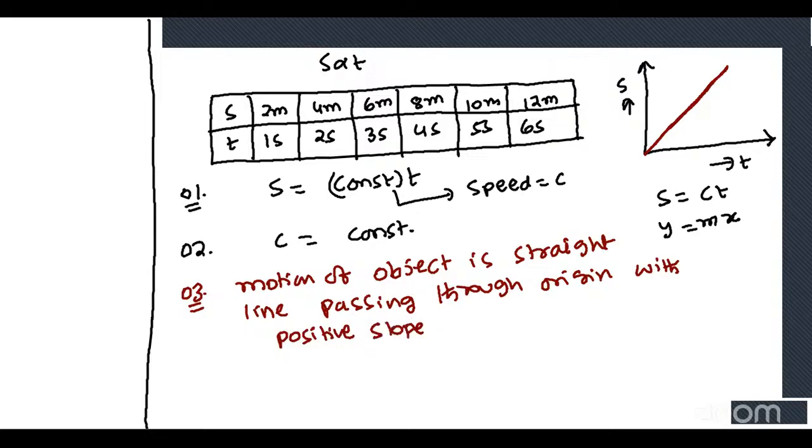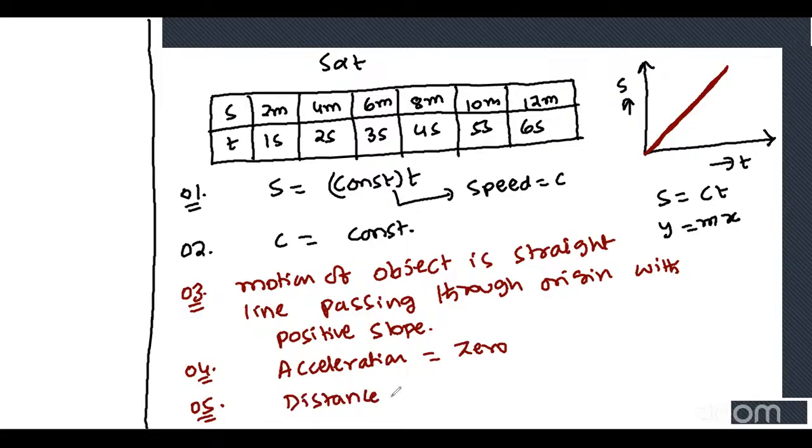Next, as speed is constant, we can say that acceleration will be zero. Since it is moving in a straight line, distance equal to displacement.